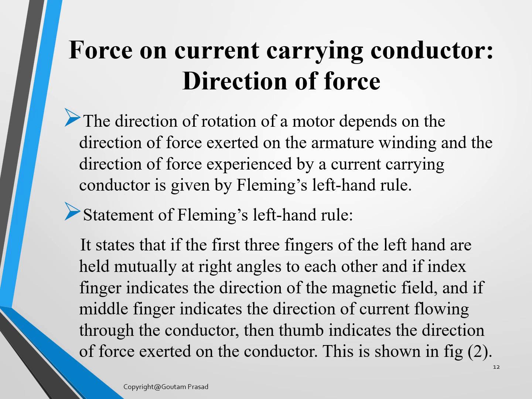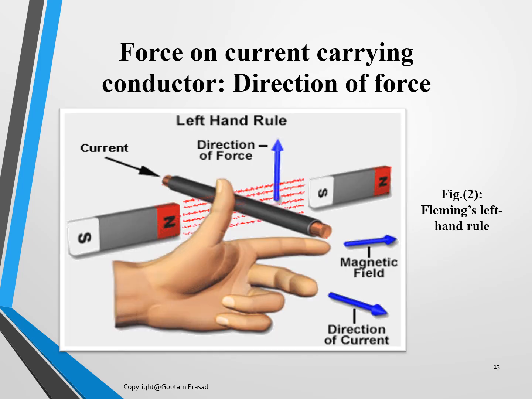It states that if the first three fingers, let me show you better here. In this slide, you can see that your forefinger, middle finger, and thumb are stretched such that they are perpendicular to each other.